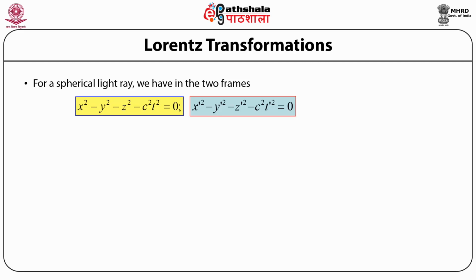So if we look at these two equations, what we see is that in both these frames of reference, that is, the K frame and the K prime frame, these equations come out to be the same.